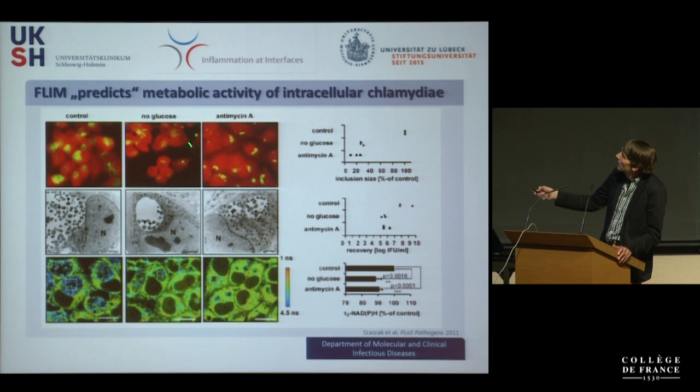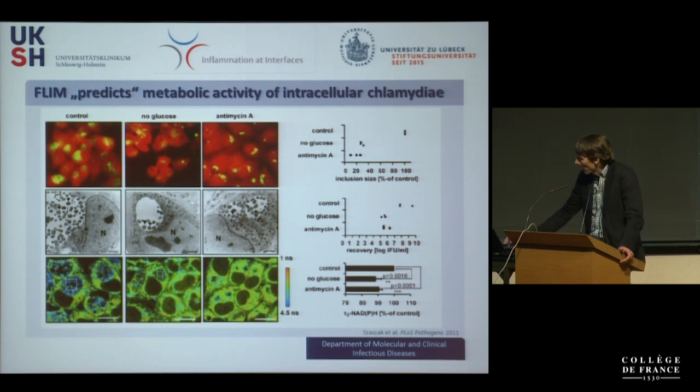And then we applied conditions where we restricted the glucose concentration, or we blocked the electron chain. And you already have smaller inclusions, which you can see here. So they markedly drop. You also have reduced recovery, meaning that the bugs are growing less well. And this is completely reflected also in the fluorescence lifetime inside the inclusion: in those inclusions where you then measure the T2 value, it is significantly decreased.